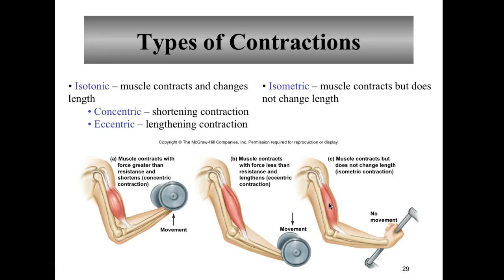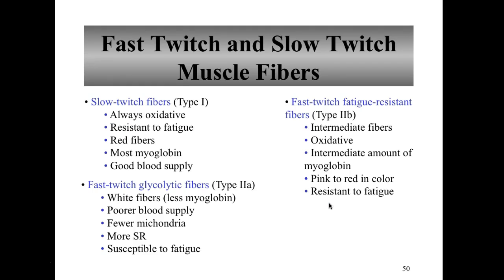Most muscular movements involve a combination of both isotonic and isometric contractions. There you can see in the diagram examples of both isotonic and isometric.